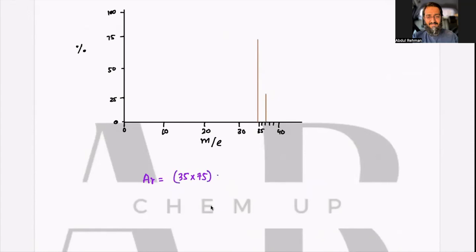And then take the sum with the other isotope and its percentage abundance. And then divide by 100. So we are going to get the result of 35.5. You can calculate it and check.